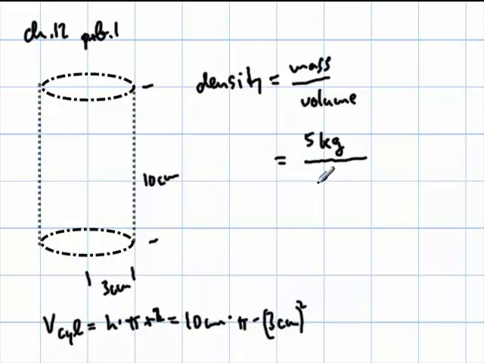So 283 cubic centimeters. At that point I'm going to see that the units are going to look rather strange. We like to express it in grams per cubic centimeters. So I'm just going to take the kilograms away here, and instead we'll write 5,000 grams per 283 cubic centimeters.